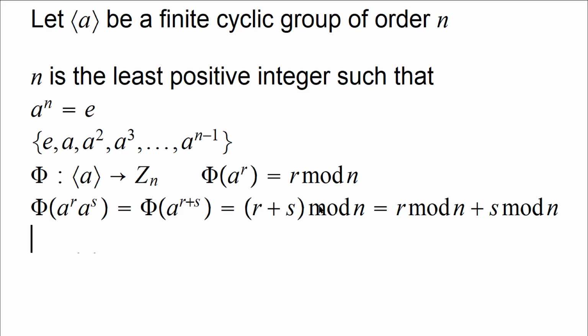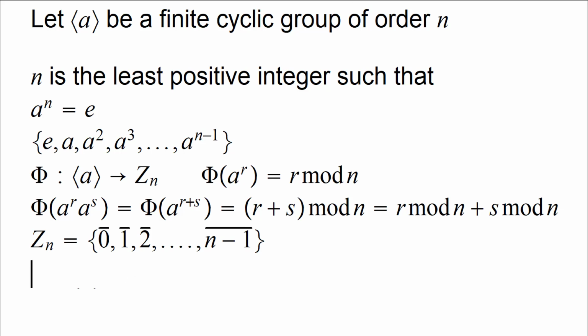Now this is onto because take any value in Zn, it can be reduced modulo n to one of these powers.